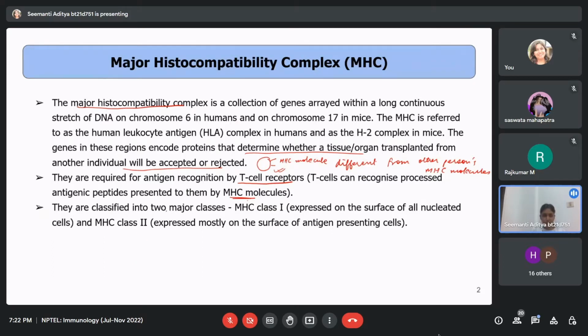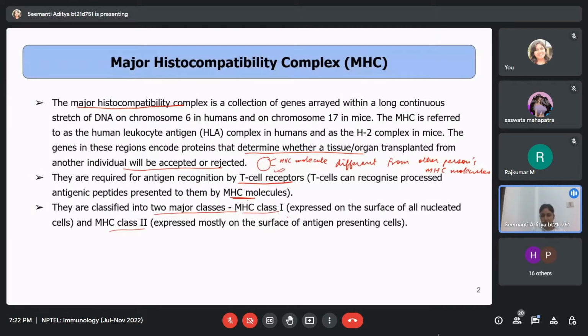So MHC molecules have two major classes, mainly MHC class 1 and MHC class 2. We have been talking about MHC class 1 and class 2 in the last class as well, and we had discussed their differences. Today we will be studying their structure and how they present peptides by the exogenous or endogenous pathways.